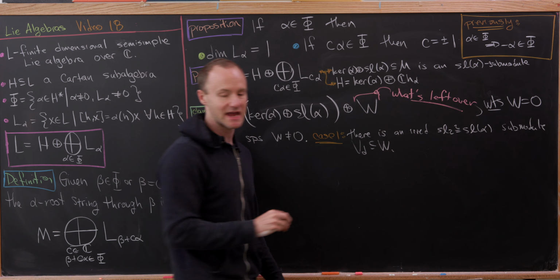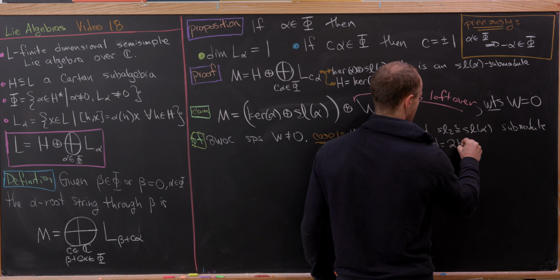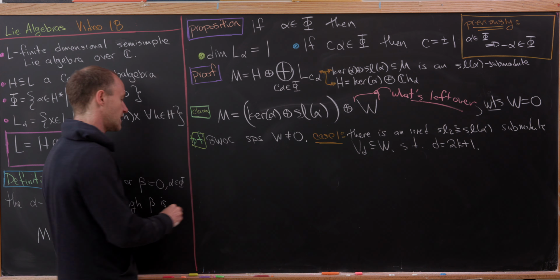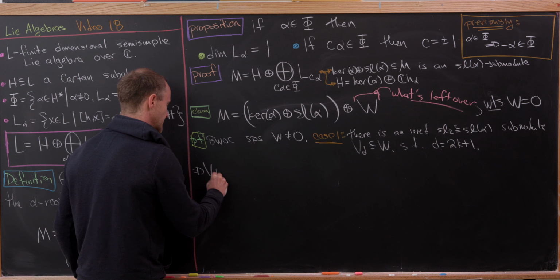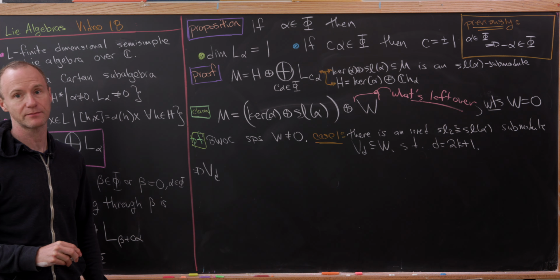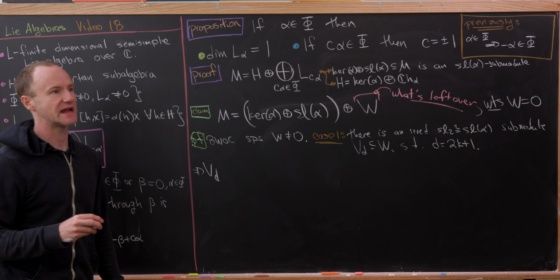And here I'm going to take D to be odd, such that D is equal to 2k plus 1. In other words, D is odd. Then let's write VD, which is D plus 1 dimensional, in other words 2k plus 2 dimensional, via the appropriate H alpha eigenvectors.